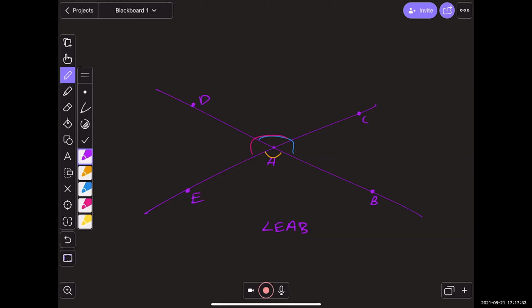We're going to talk more about angles like this, where they pretty much make up a straight line, in the next section. But yes, another example would be angle CAB, which would be this one right here. All right. Any questions about naming these angles from anyone? Okay, looks like we're good here.